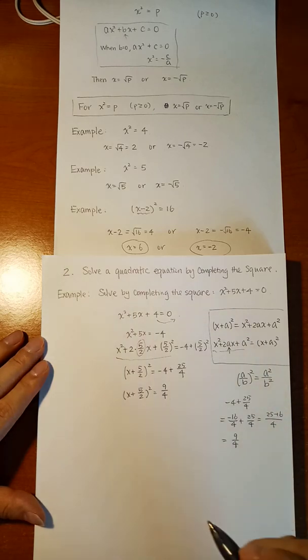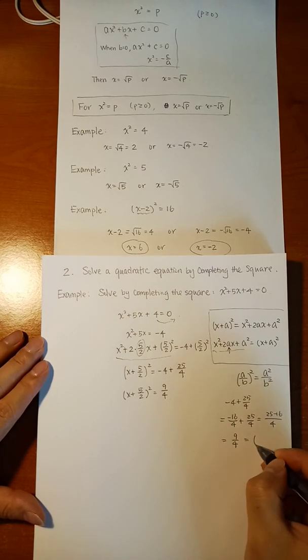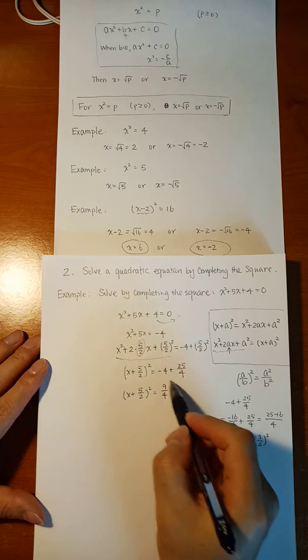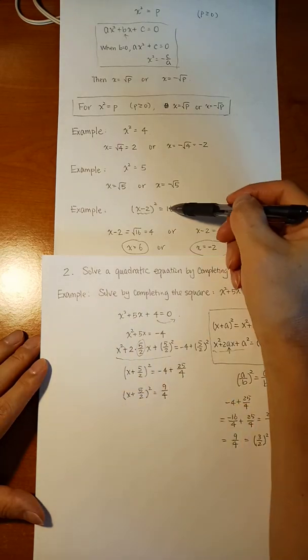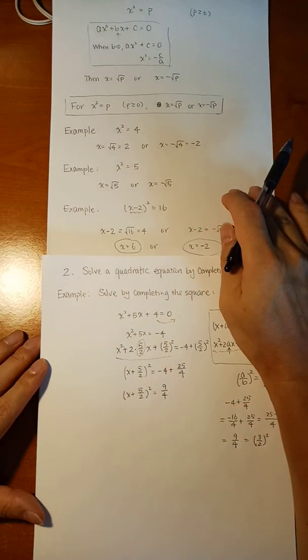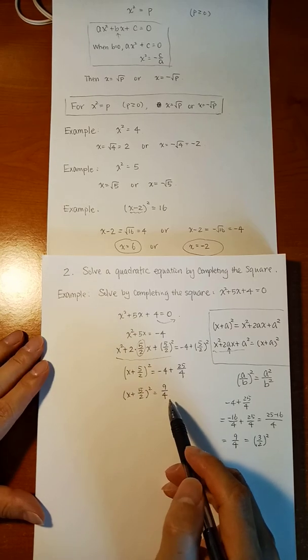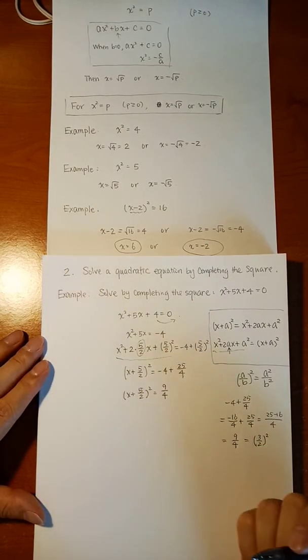You will see that it's 3 over 2 squared. It's a complete square. It's a good number. Now this formula is like the example here. You have a quantity squared equal to a positive number, then you apply the square root method.